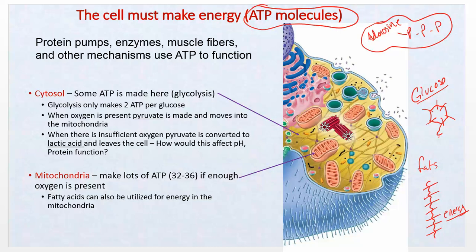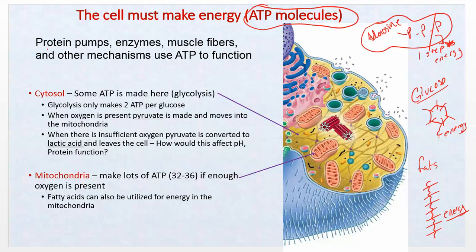Same with fats; it takes a long time to get that energy out of fats and glucose, and even proteins have some energy in them. Adenosine triphosphate, ATP, one step, energy. That's why we use ATP, because you just need to cut off that end phosphate and boom, out comes energy. Okay, so that's why we use it.